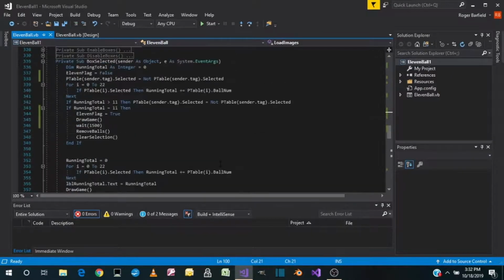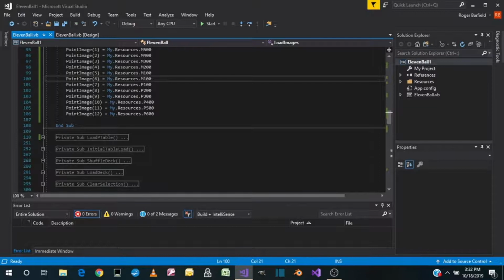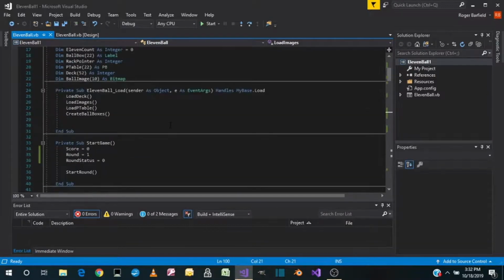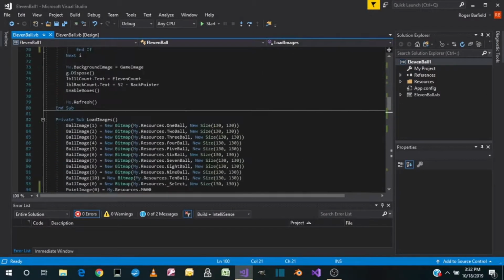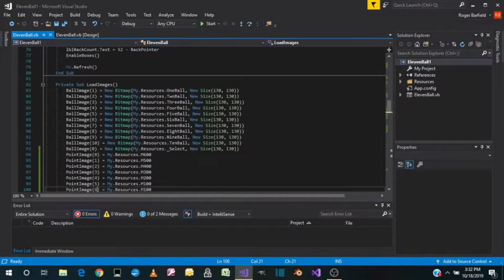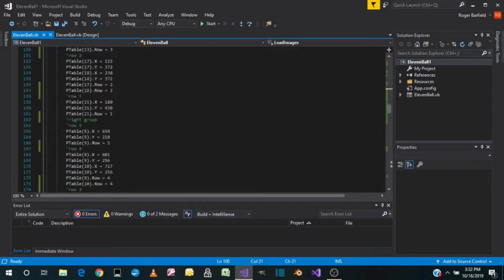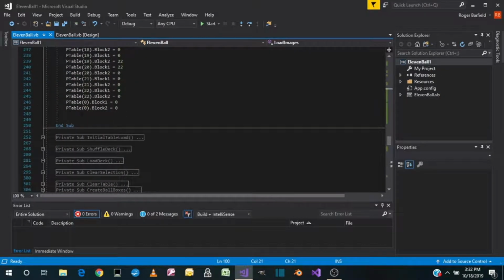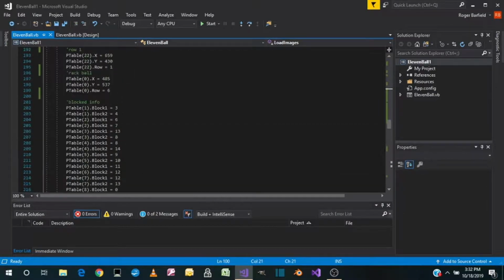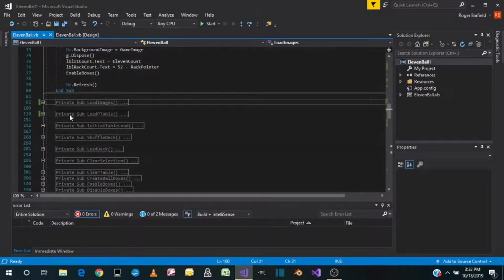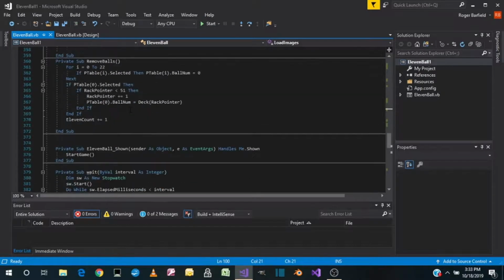And you notice on the original P table load, I preset the rack ball to row 6, the highest valued one, and we're going to always do that because that way we can always compare it and see if any other balls picked are lower, and if they are, then change the value.